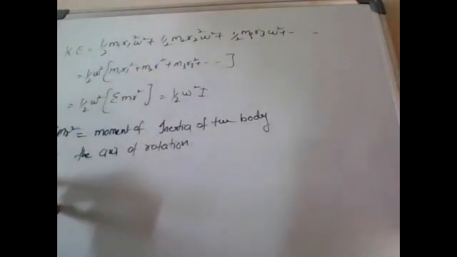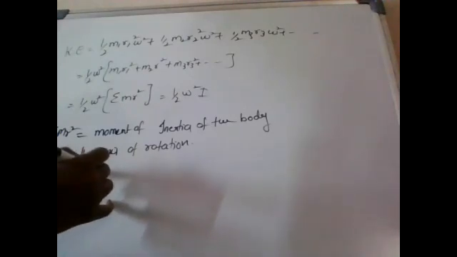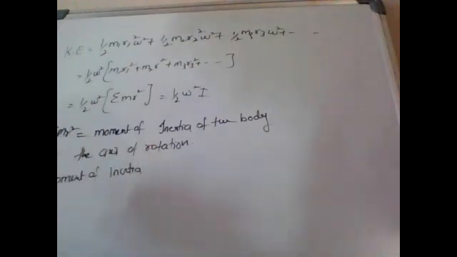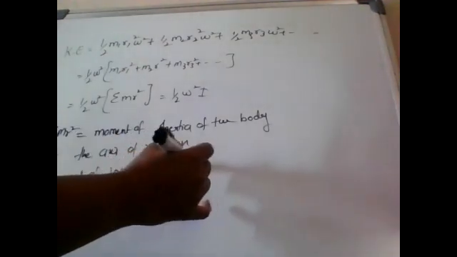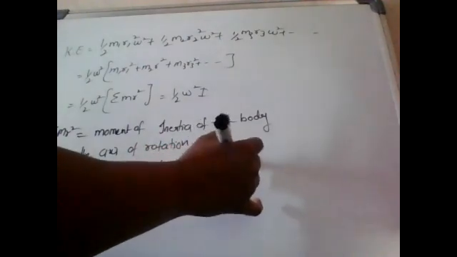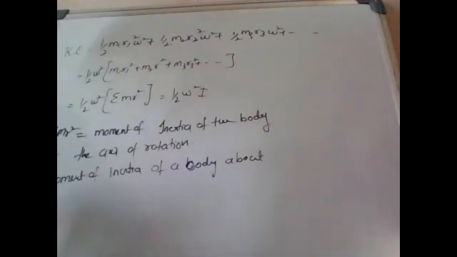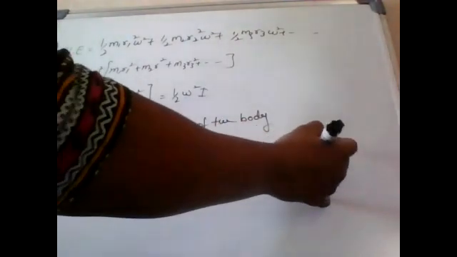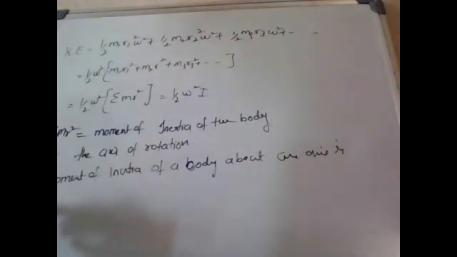The moment of inertia of a body about an axis is defined as the sum of the products of the masses of the individual particles and the squares of the distances of the respective particles from the axis of rotation. That is, kinetic energy equal to 1 by 2 I omega square.